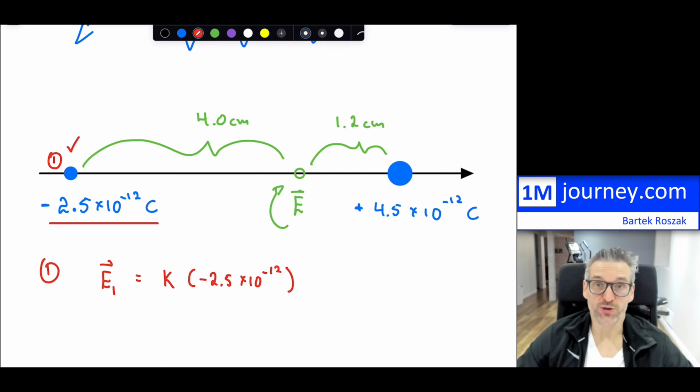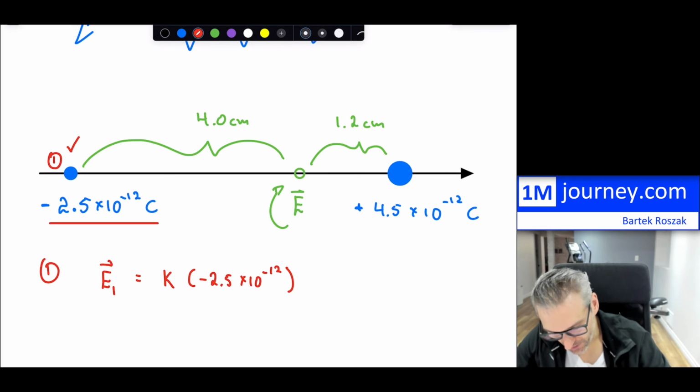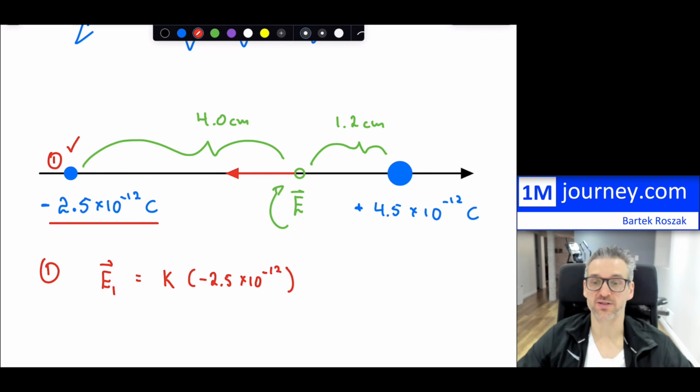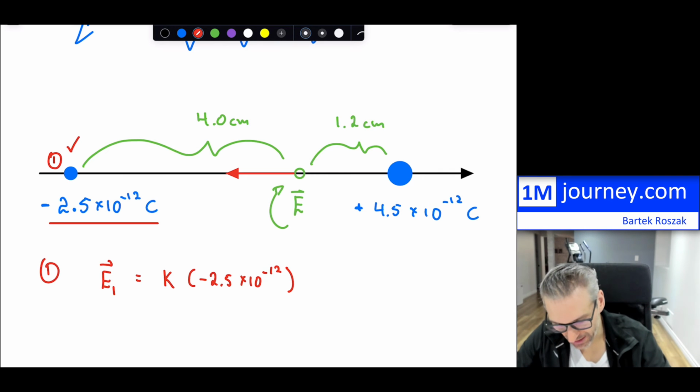The negative you can drop, you just have to know that this particular vector is going to get sucked back in this direction. So we know that the negative just means it's going to be to the left. So you can technically drop it here. Now you have your K, you have your charge, and you're going to be dividing it by the distance in between.